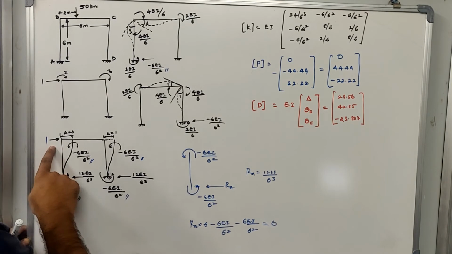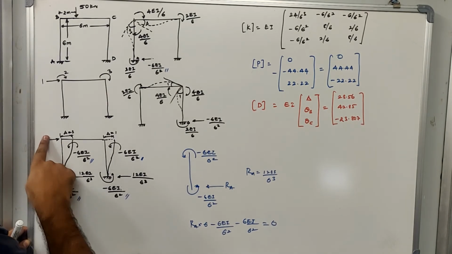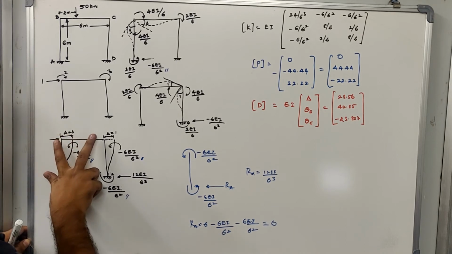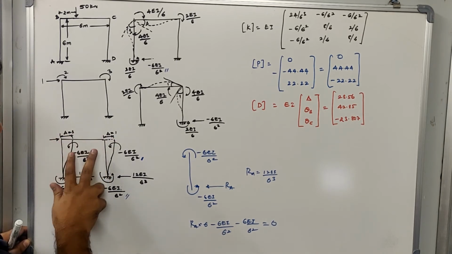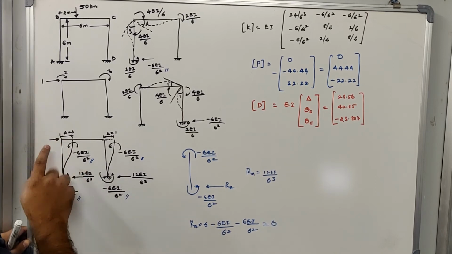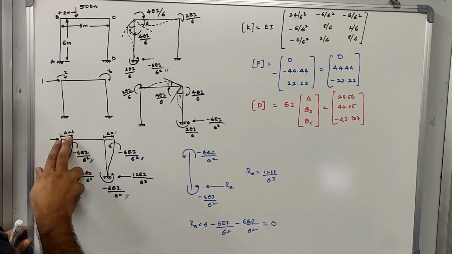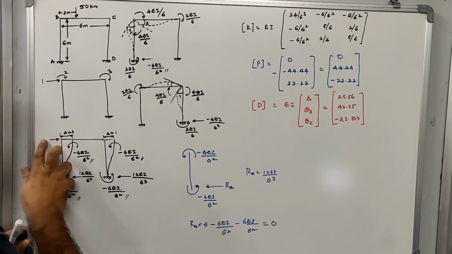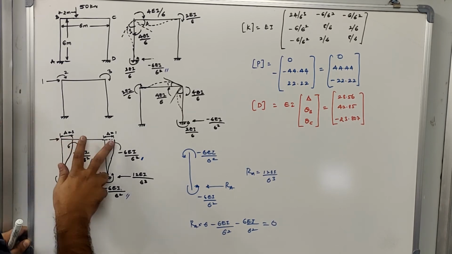So this is my first coordinate. At the first coordinate I have applied the unit displacement. Because of this unit displacement or translation, these are the moments that were created.